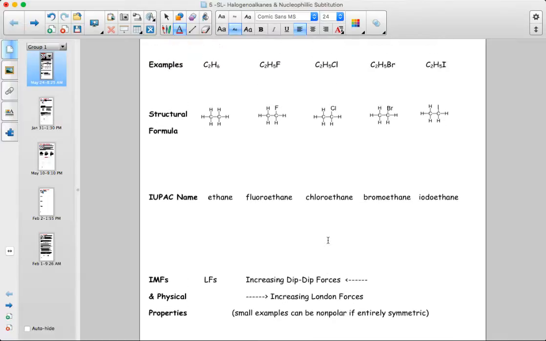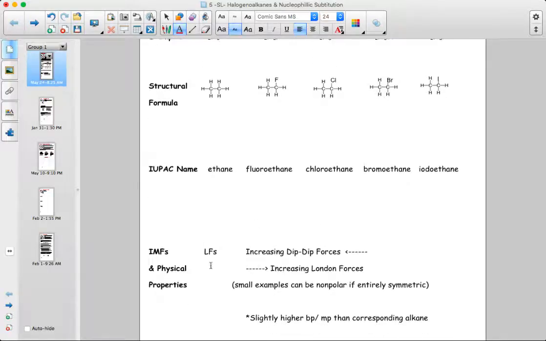In terms of their IMFs, well, while alkanes only have London forces because they are just made of C and H, so they're completely nonpolar, the halogenoalkanes do have some polarity to them. Going towards fluorine, so as I've drawn them, the trend from right to left would be that we've got increasing polarity and therefore some sort of increasing dipole-dipole force.